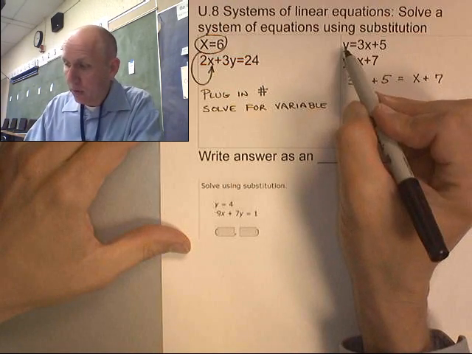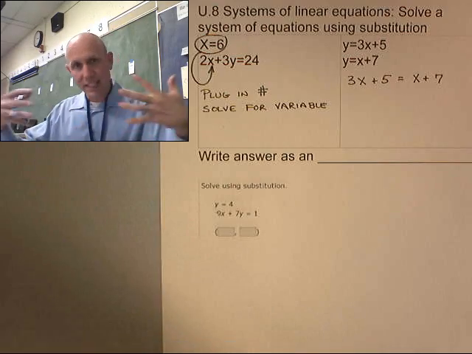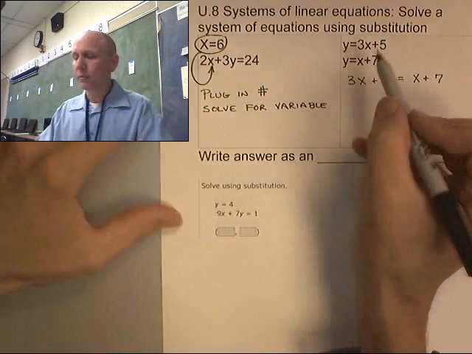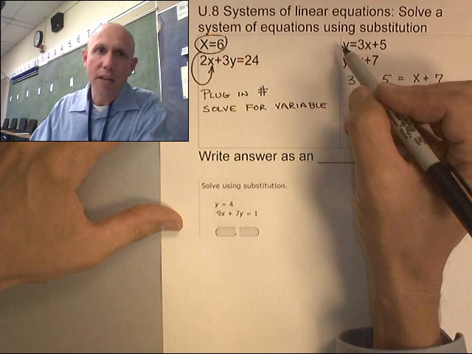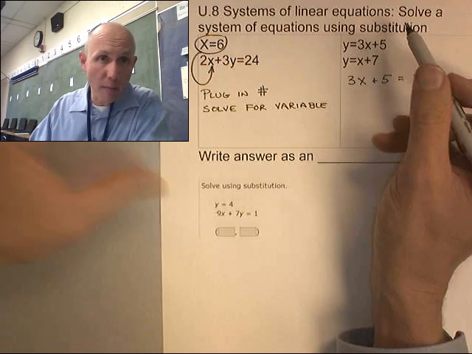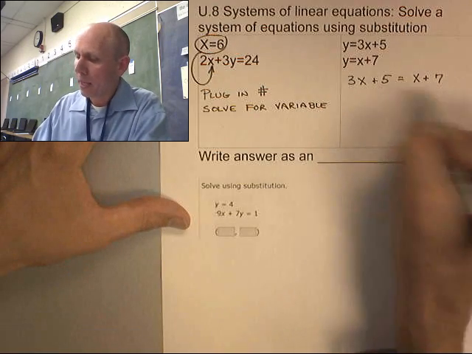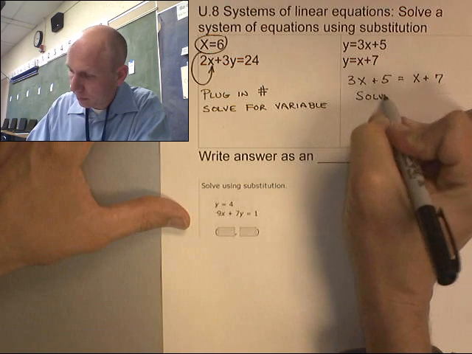If this guy was born on the same day as this guy, then they were born on the same day. It's called the transitive property. If Bob is the same age as Jane and Jane's the same age as Bill, then Bill is the same age as Bob. Okay, now what I'll do here is I'll solve for the variable.